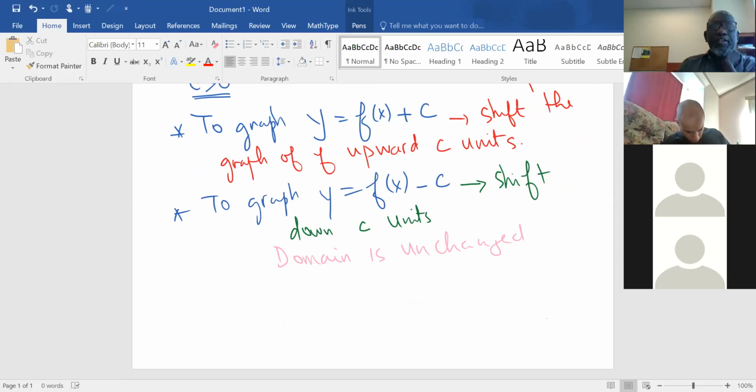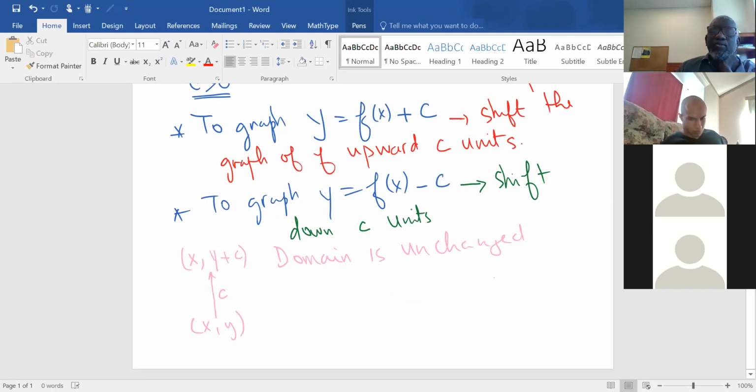If you move a point, you have a point x, y. If you move it up c units, the x stays the same and y becomes y plus c, right?